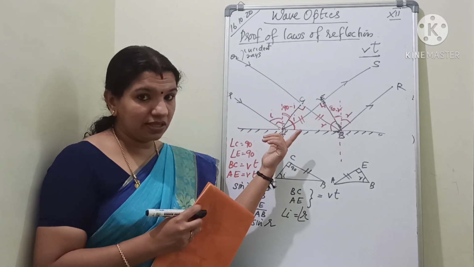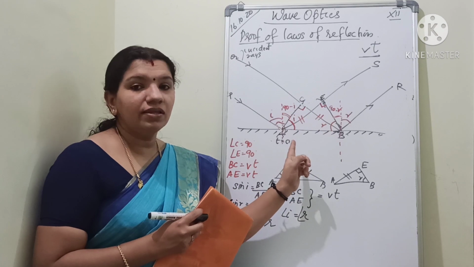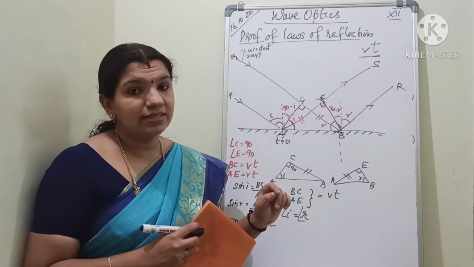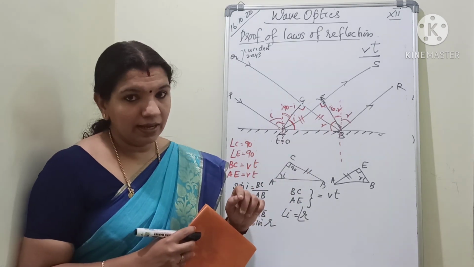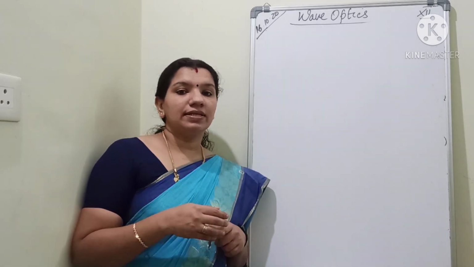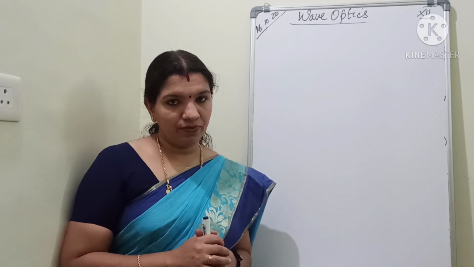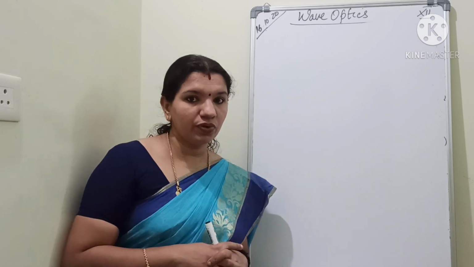So you can say that the incident ray, reflected ray and the normal lie on the same plane. Clear? Okay. Now we are moving to the second proof, that is, the proof of the laws of refraction. The first one is clear for you.